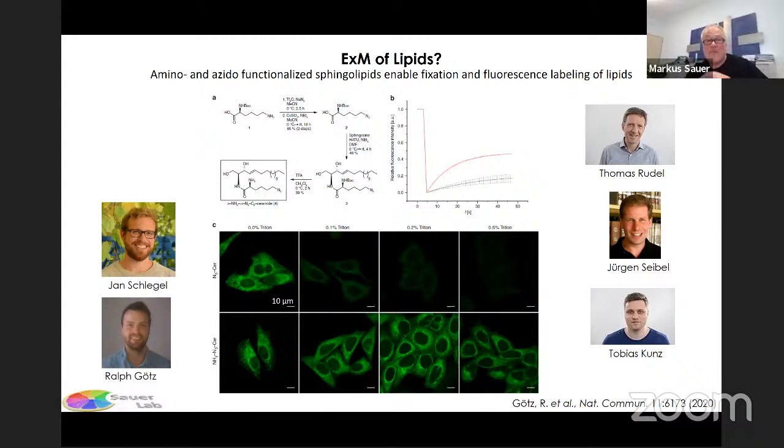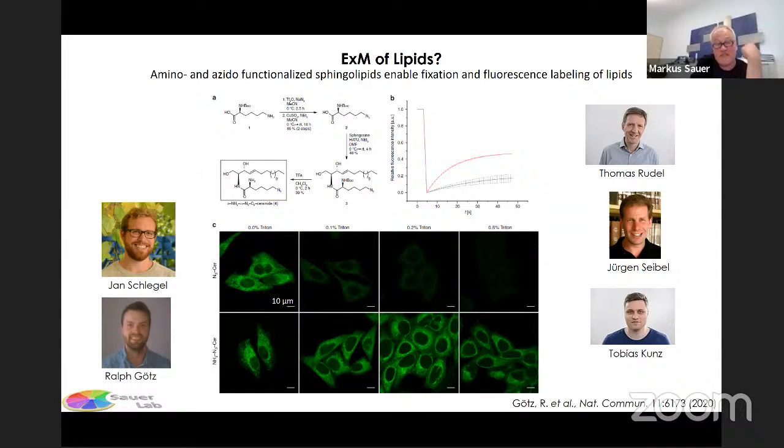So the question came up, can we do that with lipids? And we have been working together with Jürgen Seibel from the organic chemistry department, who provided us with different functionalized ceramides and other sphingolipids, which can be clicked, so labeled with dyes by click chemistry after metabolic incorporation into cells.